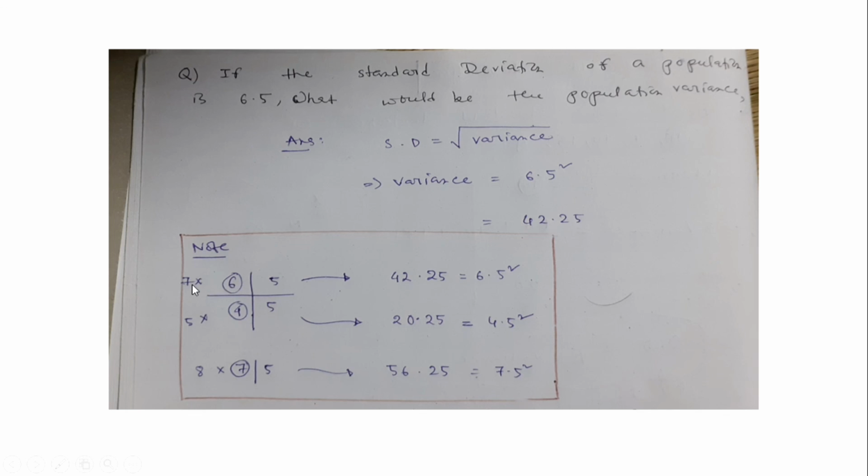So 6.5 squared is 42.25. Here is also one example: 4.5, where 5 square is 25, and 4 into 5 is 20, so 4.5 whole square is 20.25. Here is also one example you can easily understand.